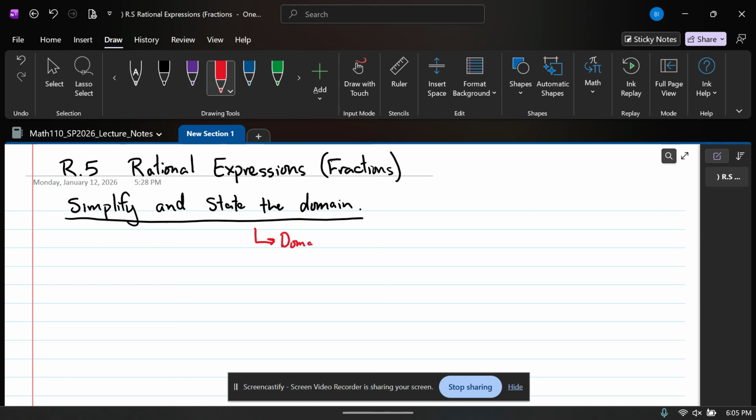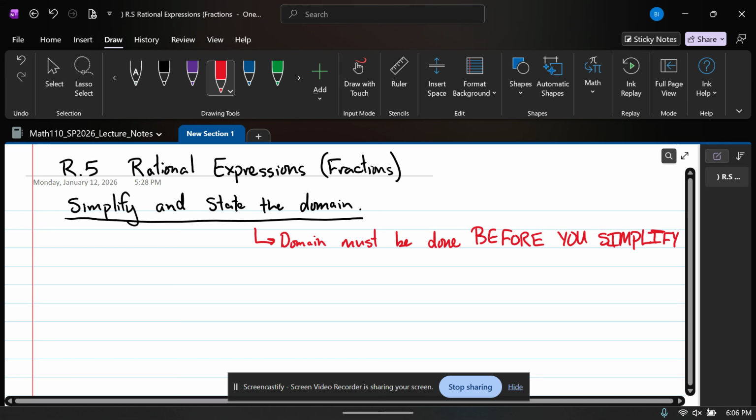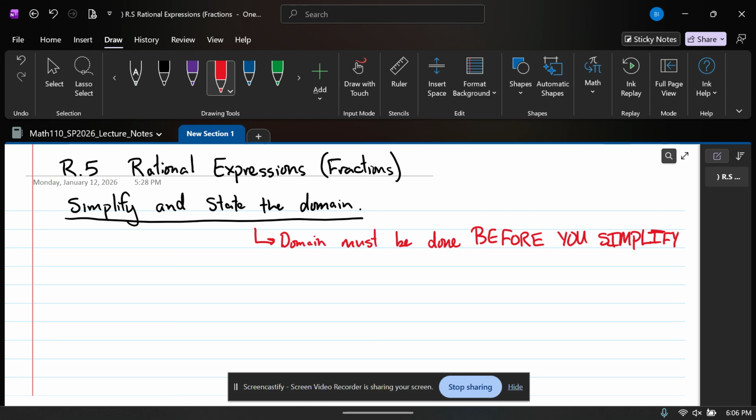So domain must be done before you simplify. Okay. Domain is done before you simplify. So that's going to be an important part.